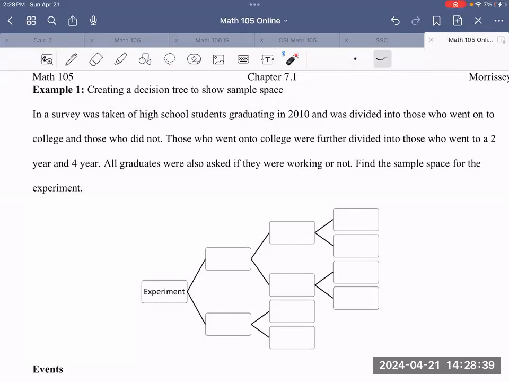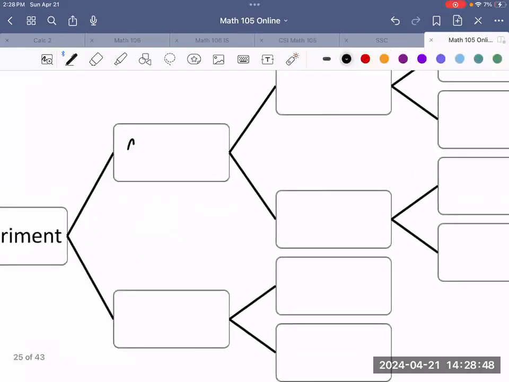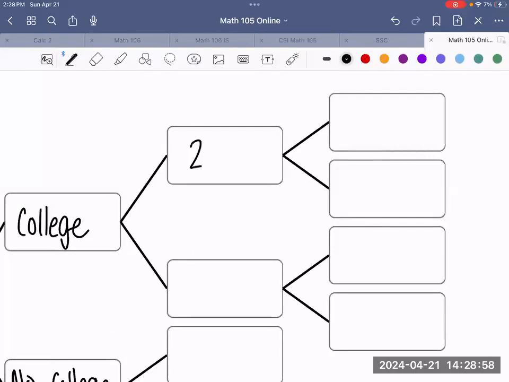So in our survey, we divided the group up into those who went to college and those who did not. So I'm going to label college and no college. Now it says those who went to college either went to a 2-year or a 4-year.